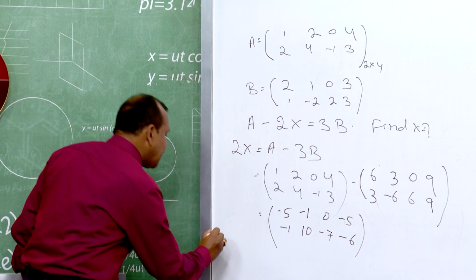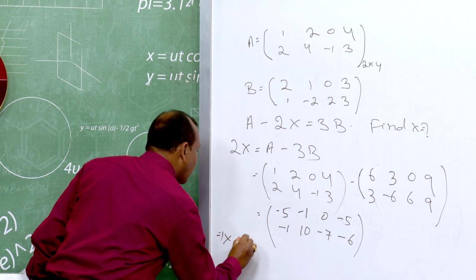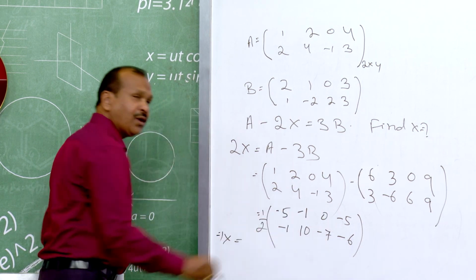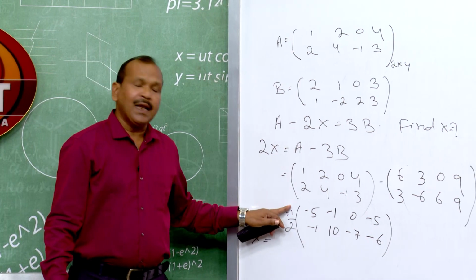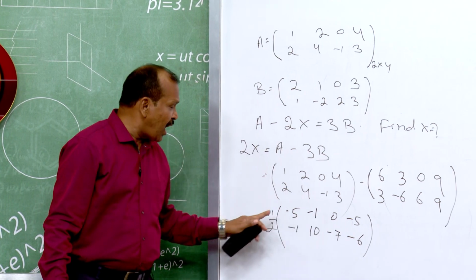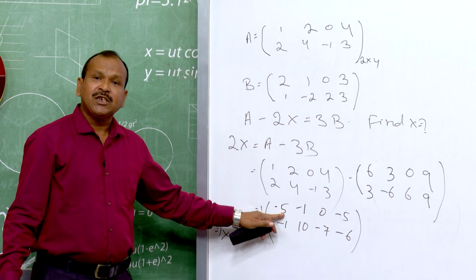Then this implies that X becomes half times this one. Now half is a scalar and this is a matrix. Then half is multiplied in each term of the matrix.